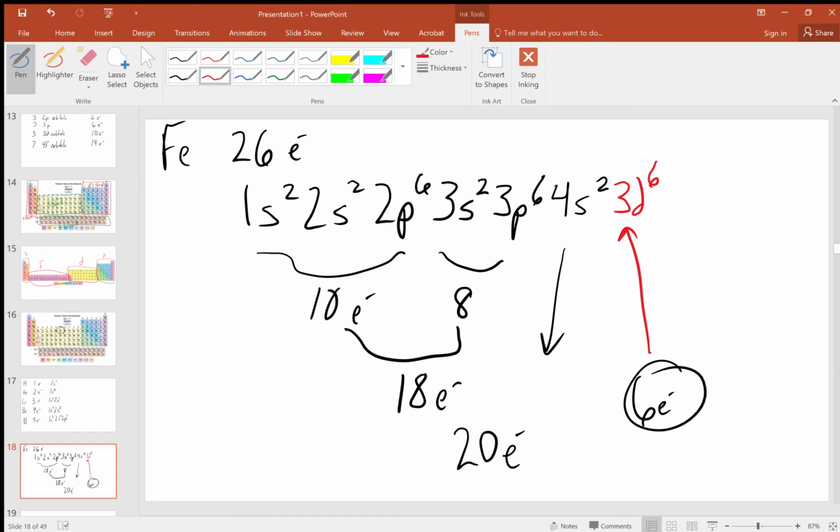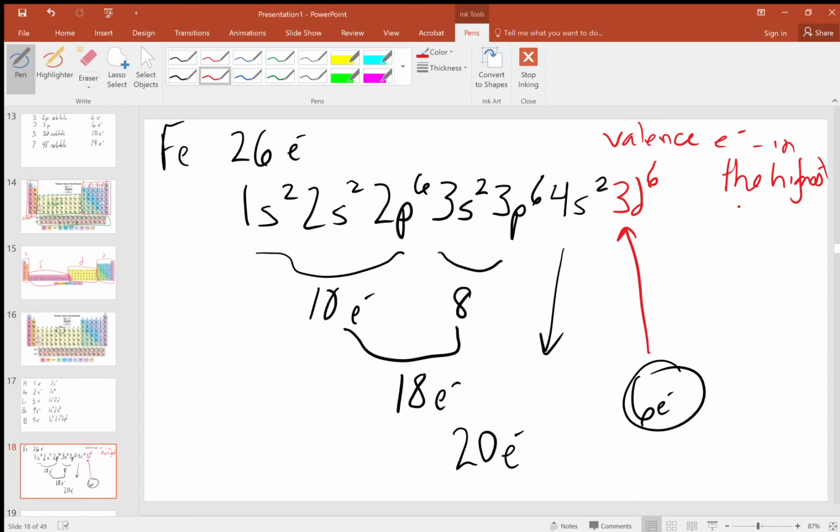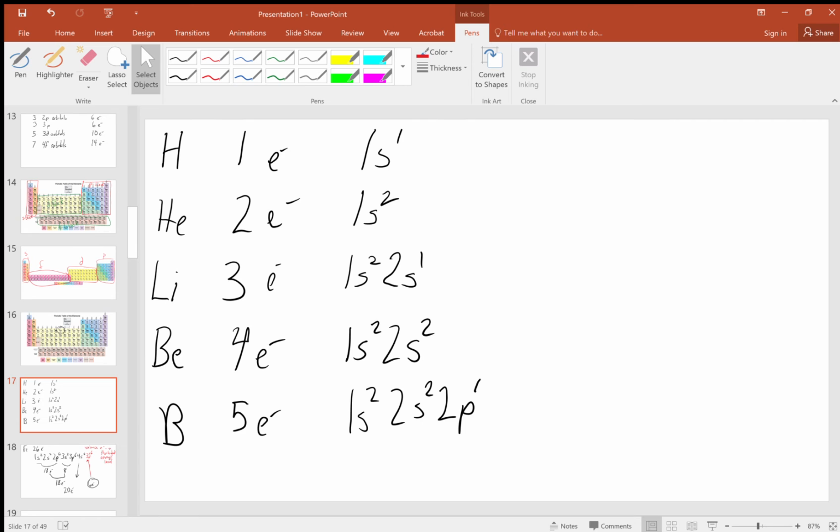Which electrons are most important? Well, it's what we call the valence electrons. These are electrons specifically in the highest energy level. So it's a little less clear to see here, but if we go back to the previous page, for example, lithium.